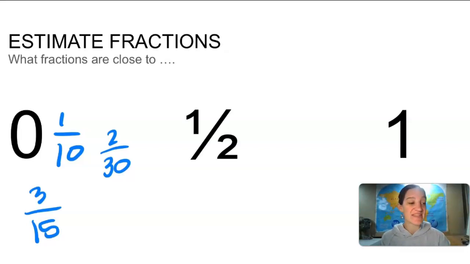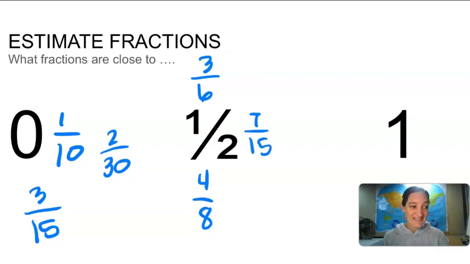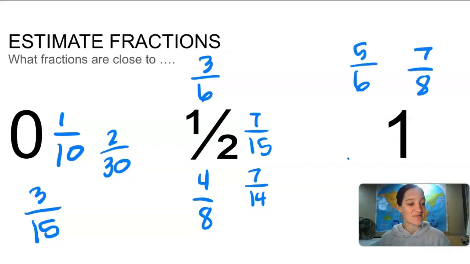If you have something close to half, like 3/6 or 4/8 or even 7/15, because 7/14 is exactly half, so 7/15 is really close to half, I'm okay if you just change it to half. And if you have a big fraction like 5/6 or 7/8 or 9/11, then change it to 1.